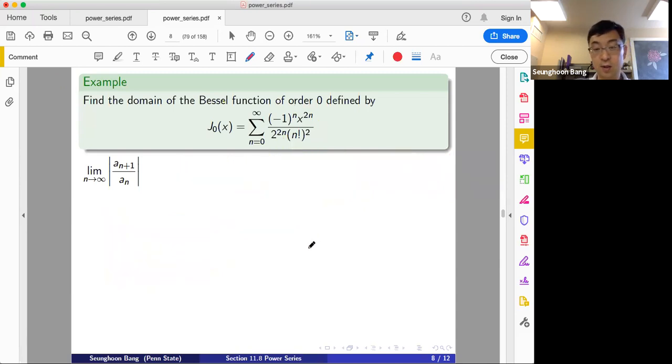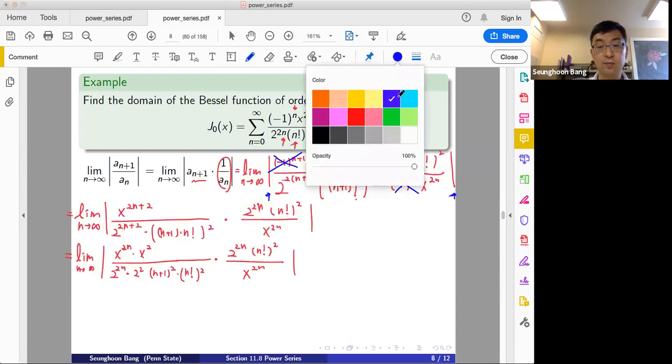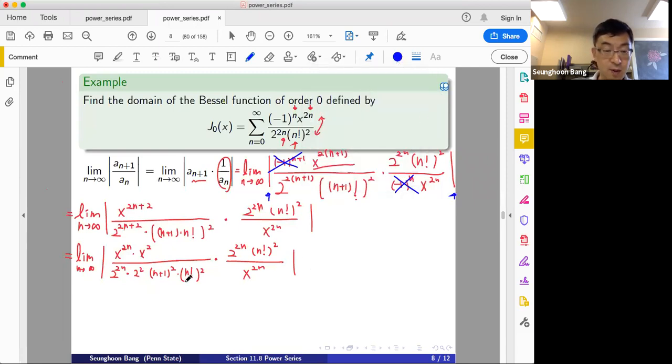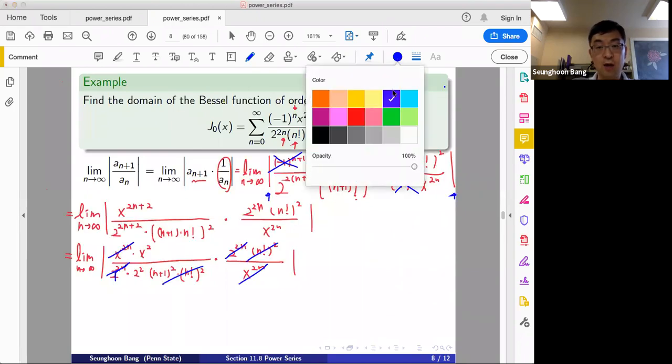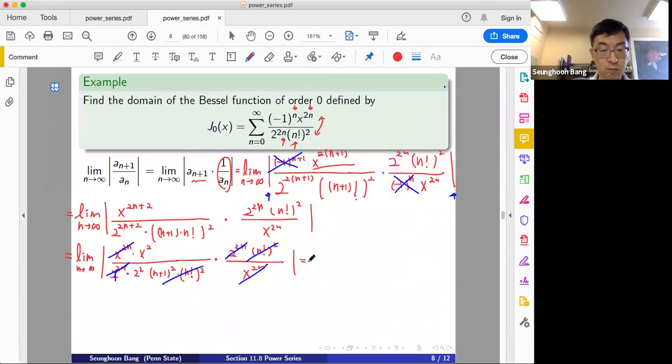What's the step? You have to cross out common factors: 2 to the 2n, x to the 2n, and n factorial are crossed out. The remaining terms are like this.